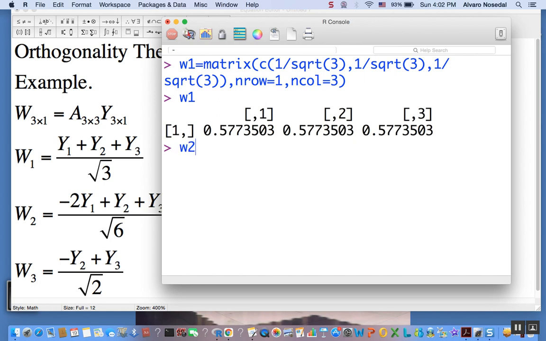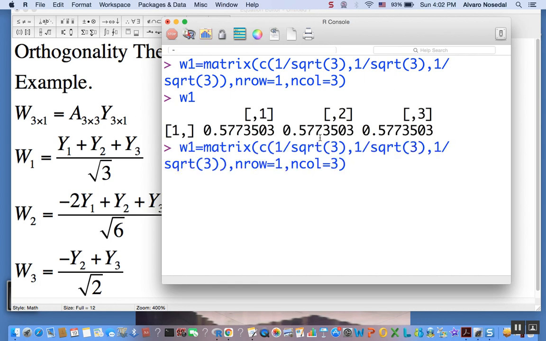W2. It's going to be similar, right? But we will have to change it slightly. Instead of having here 1, we're going to have a -2 here. We have square root of 6.